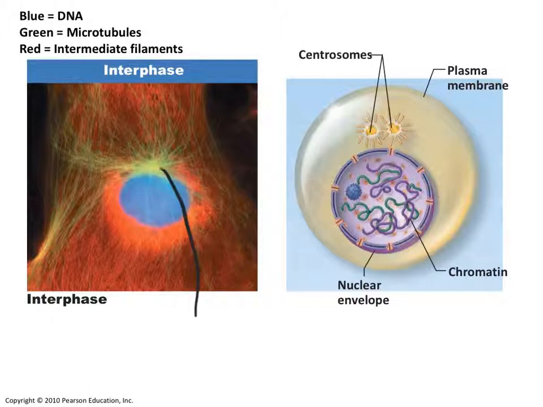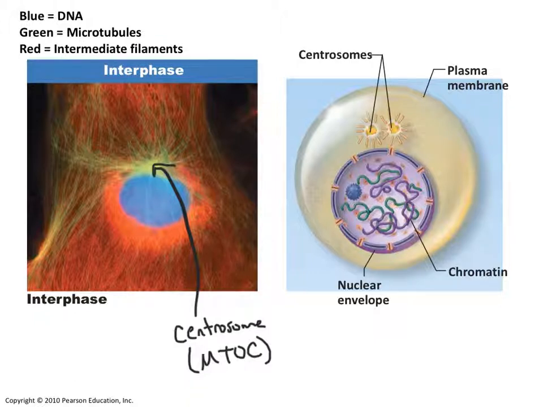And that centrosome is also called the MTOC, for microtubule organizing center. Each centrosome is made up of two centrioles at right angles to each other, like I just sketched there, or you can see them up here.